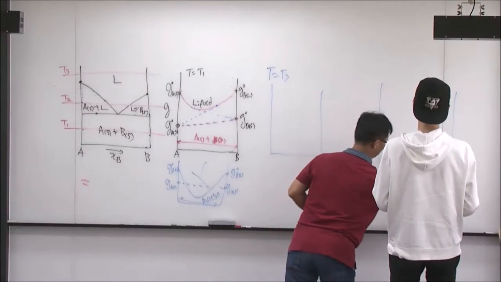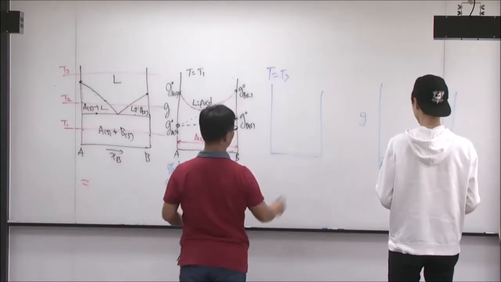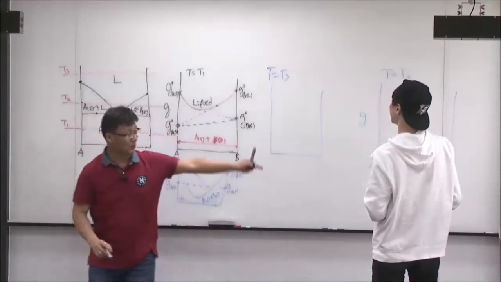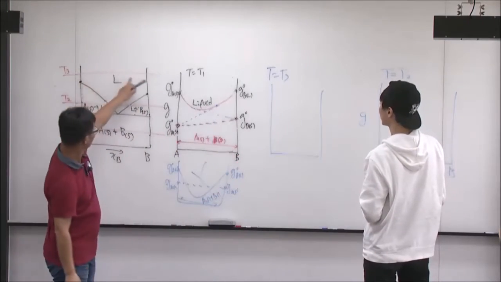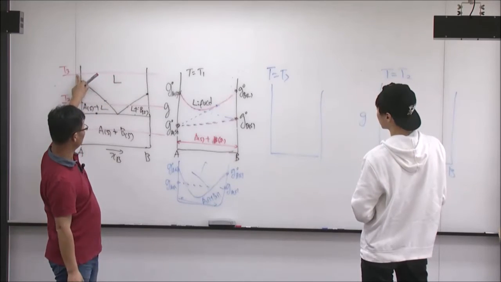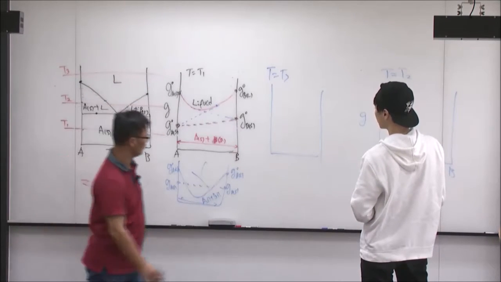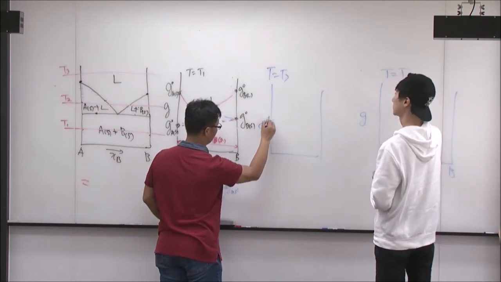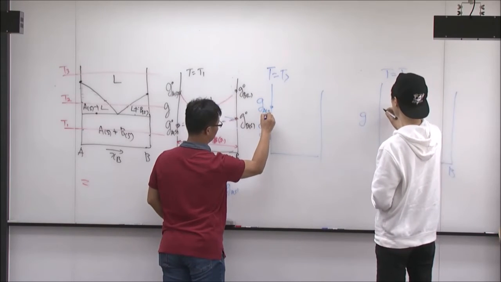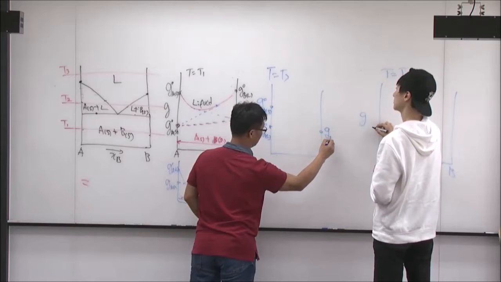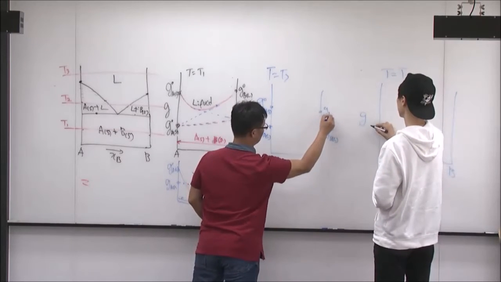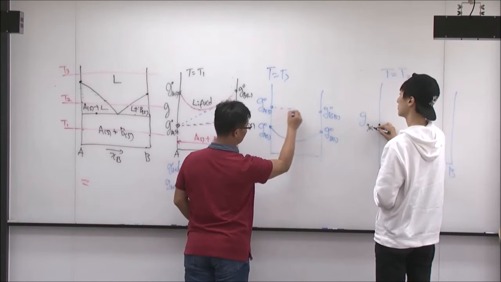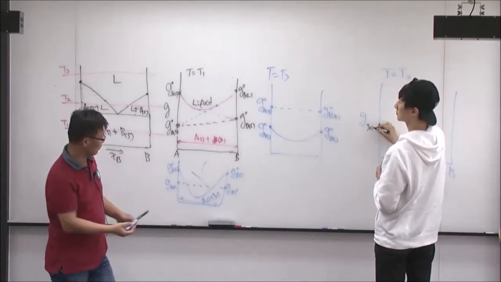Okay, this is A, B, Gibbs energy when T equals T2. Okay, T equals T3, while he's doing it, I'll show you. At T equals T3, liquid is more stable. Pure A is liquid, pure B is liquid. Okay, so you draw it. Yeah, whatever it is, this entire range.